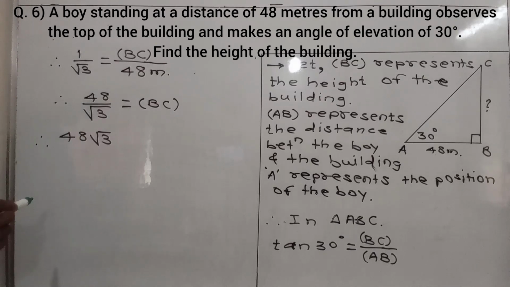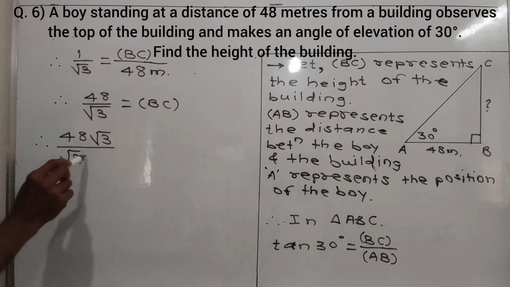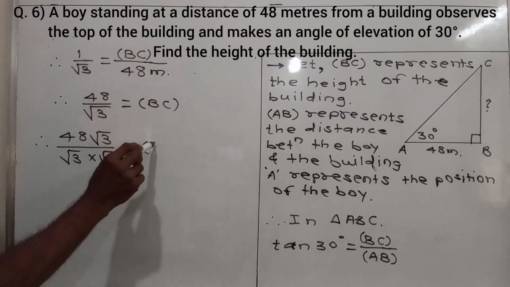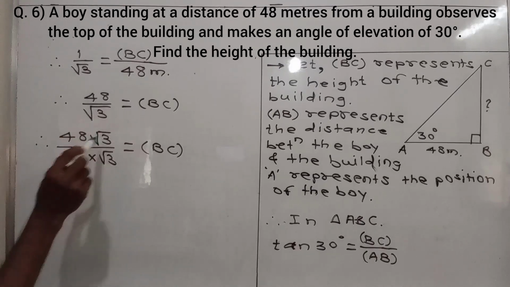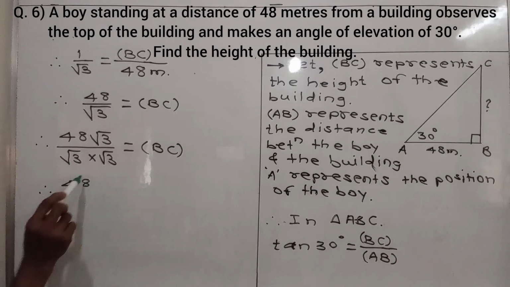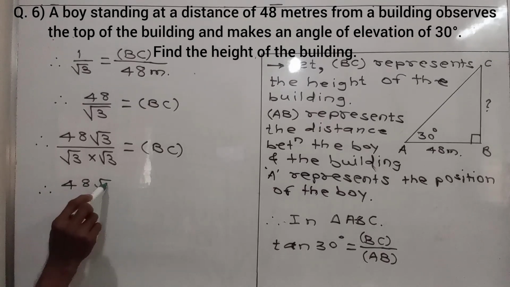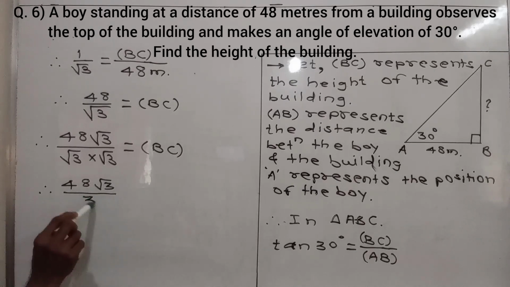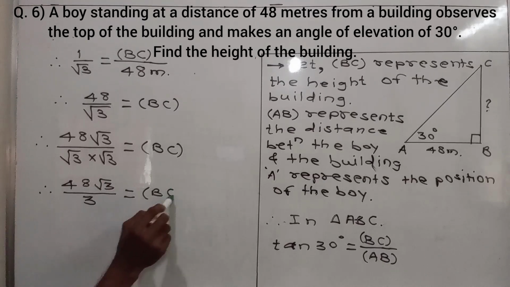So 48 square root of 3 upon square root of 3 into square root of 3, which is 3, is equal to BC.